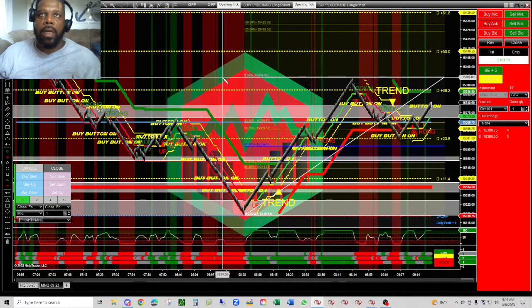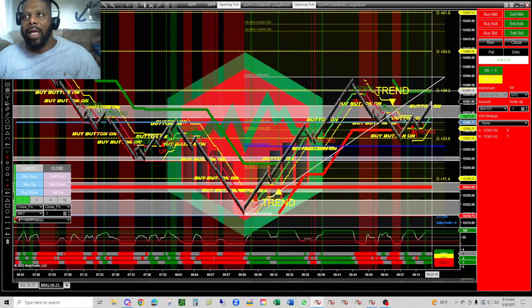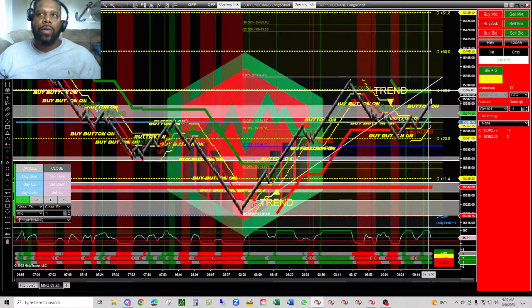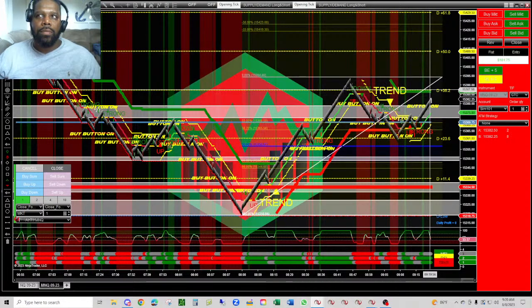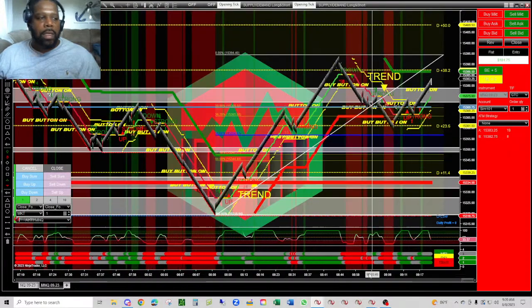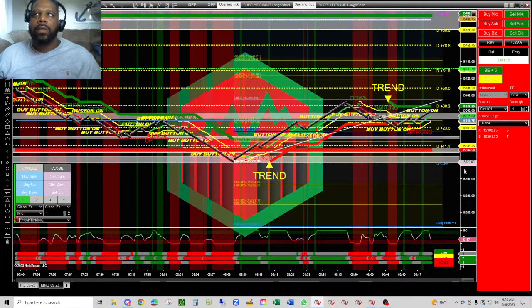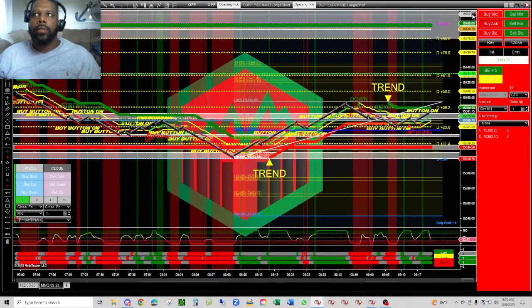Now, also, I'm thinking like, okay, the trend line is right here. Do I want to take a trend trade with it at the 38.2? Something to think about. Because also, we're thinking, hey, we're in a gap close situation. Gap is way up here.